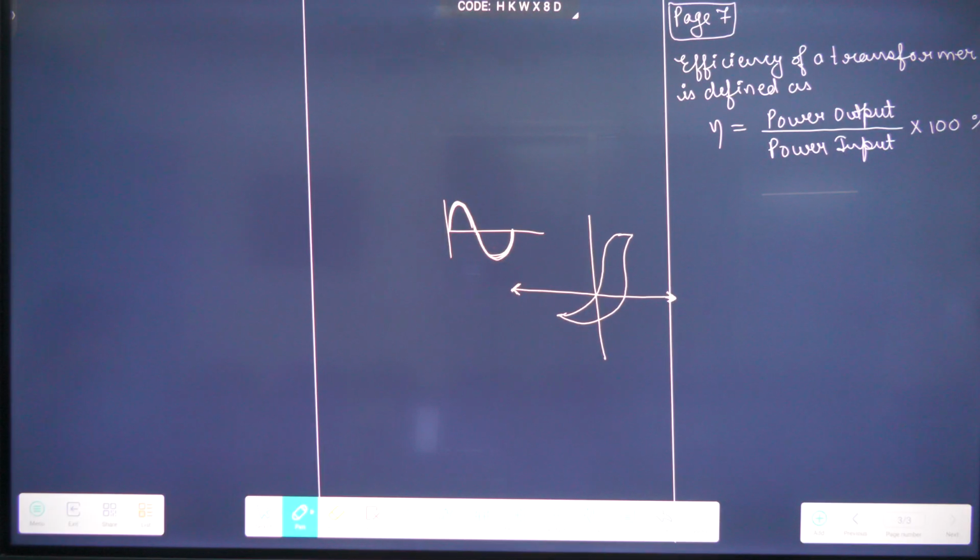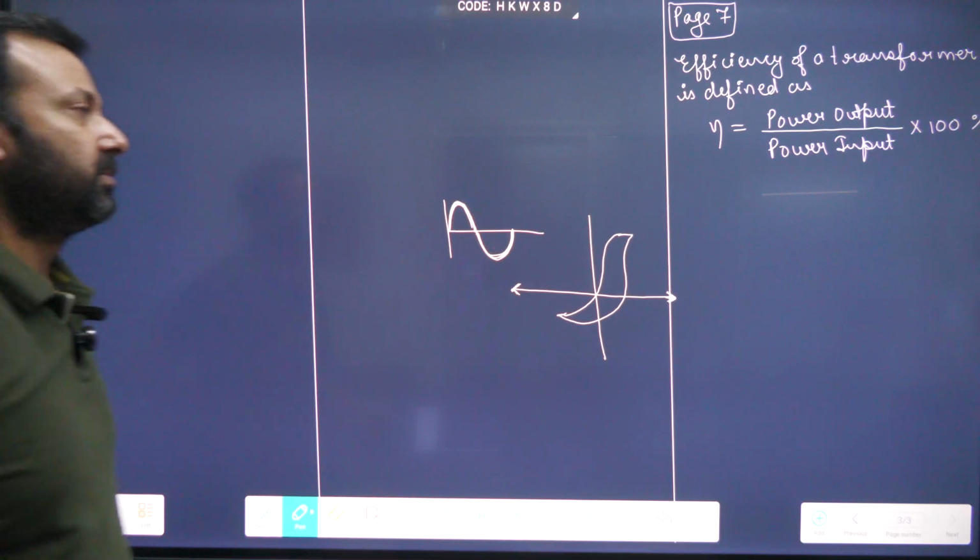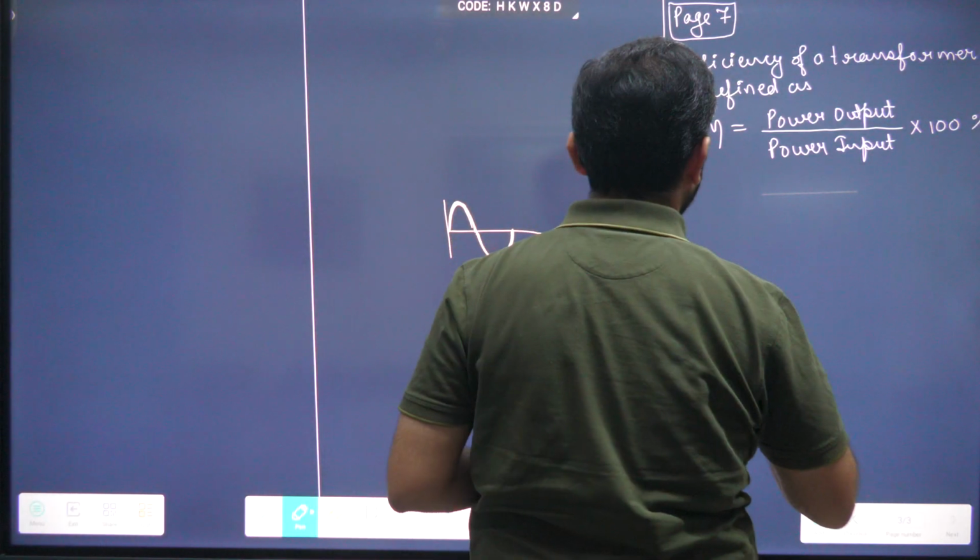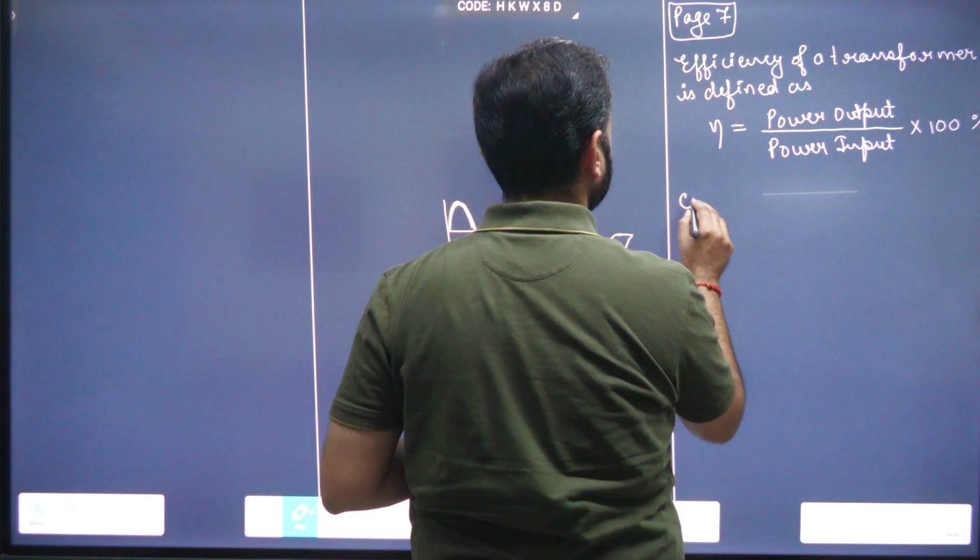Now, question 1. Let's do some numericals also of these transformers. The primary coil of an ideal step-up transformer has 100 turns, and the transformation ratio is also 100. The number of turns in the primary coil is called N1.